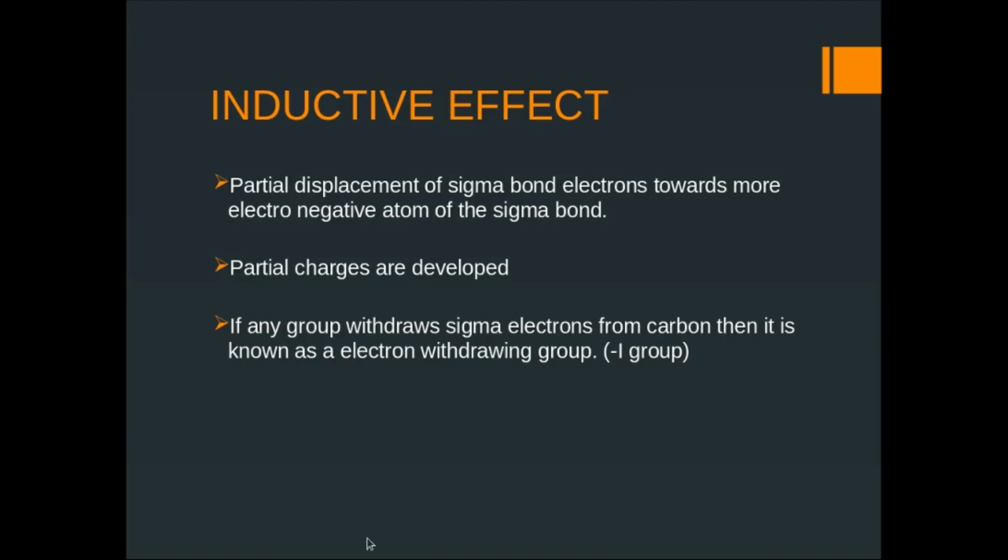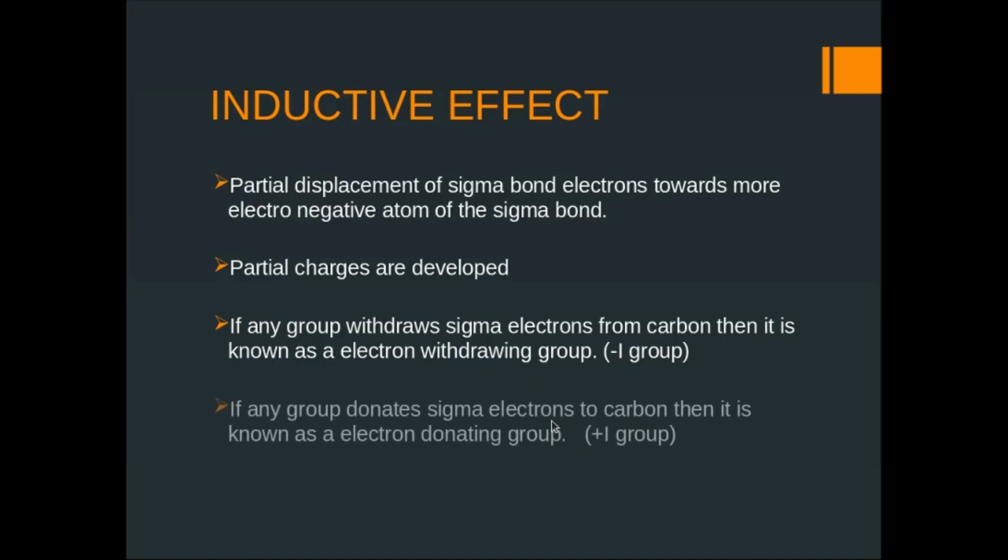We should remember that without electronegativity, this inductive effect would not have occurred. The element which is withdrawing the bonded pair of electrons towards itself is called an electron withdrawing group, or we can simply write it as a minus I group in short.